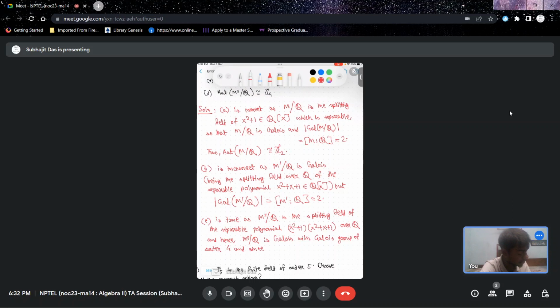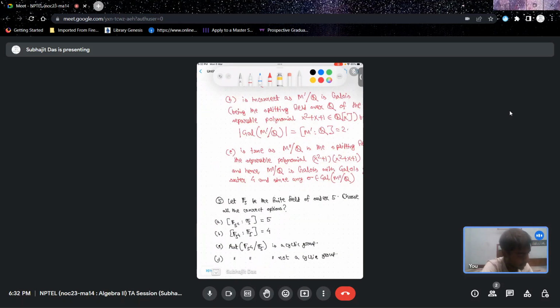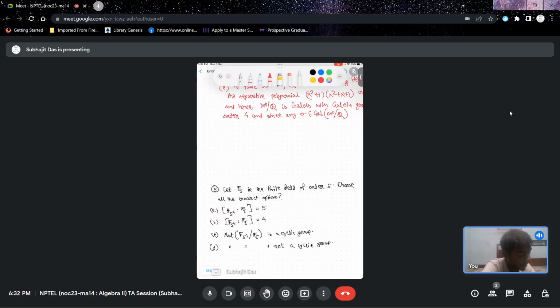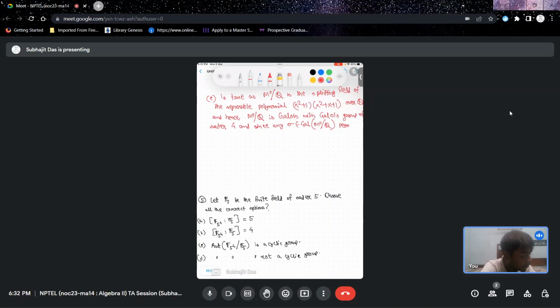and since any element sigma of the Galois group of M double prime over Q permutes the roots of x square plus 1, which is I and minus I, and also permutes the roots of x square plus x plus 1, which is omega and omega square, every sigma in the Galois group of M double prime over Q has order 2.